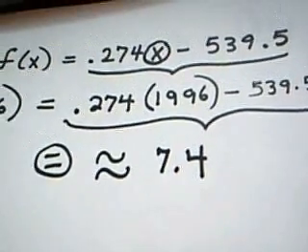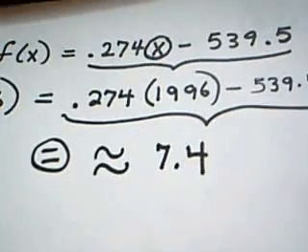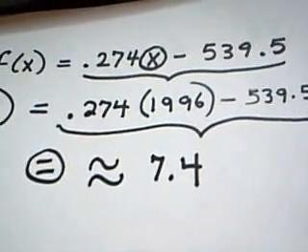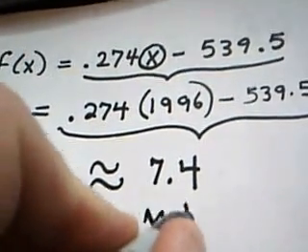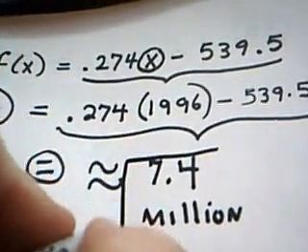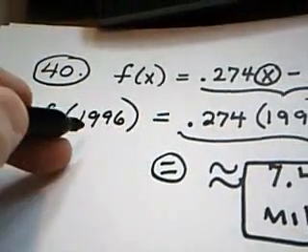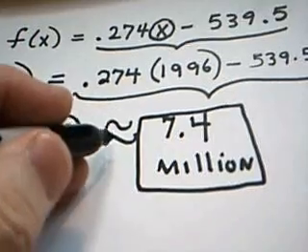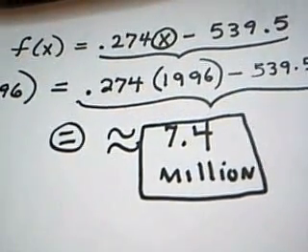Now what you need to remember, 7.4 would be absolutely ridiculous as the total number of SUVs sold. That doesn't even make sense. But remember that our y value, which is our answer, is actually in millions. So by putting 1996 into the function that was modeled, we came up with the answer: approximately 7.4 million SUVs were sold in that year.